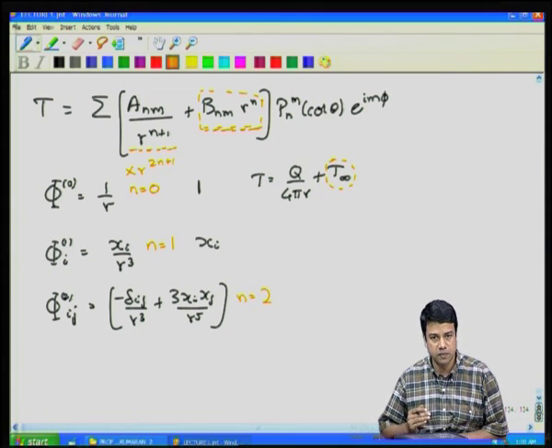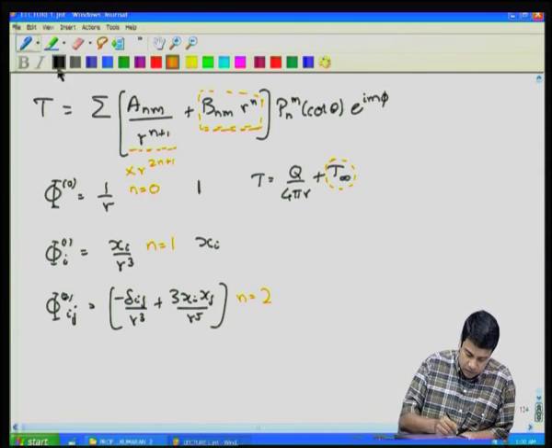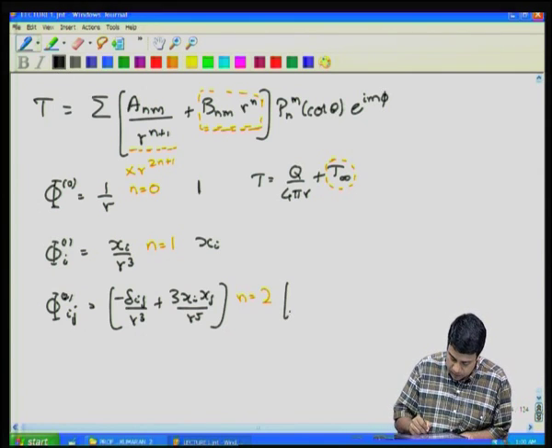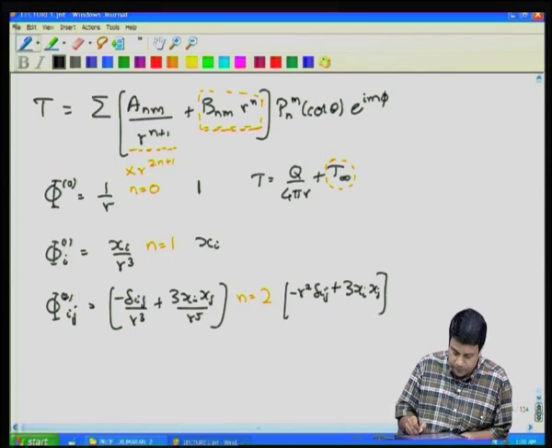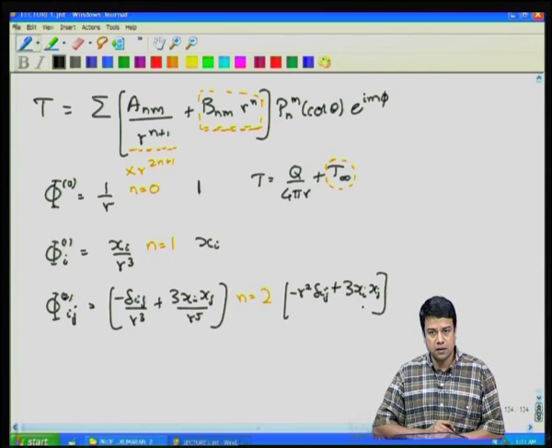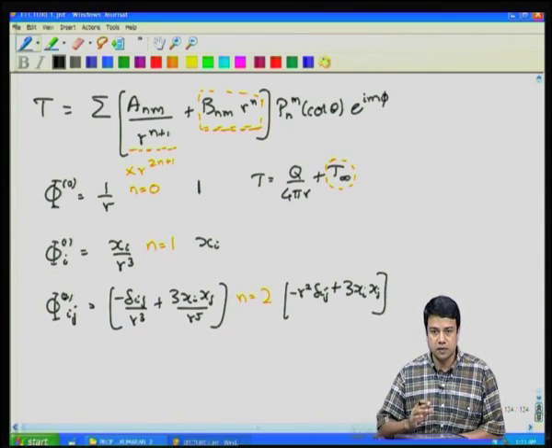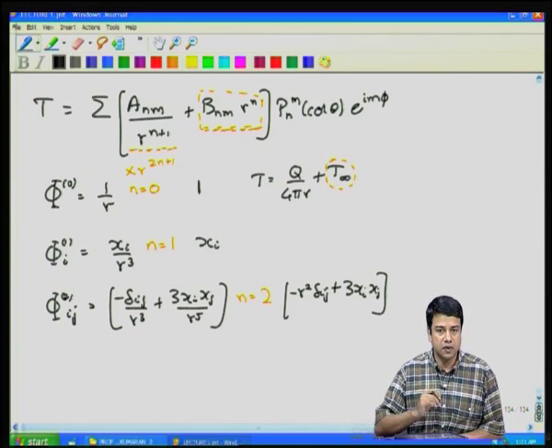So, I have to multiply by r power 5 to get the growing solution, and that growing solution will be equal to minus r squared delta ij plus 3 xi xj. So, we got the decaying solutions by taking successive gradients of the solution for the point source. The point source went as 1 over r. We took successive gradients of that solution to get all the decaying harmonics.